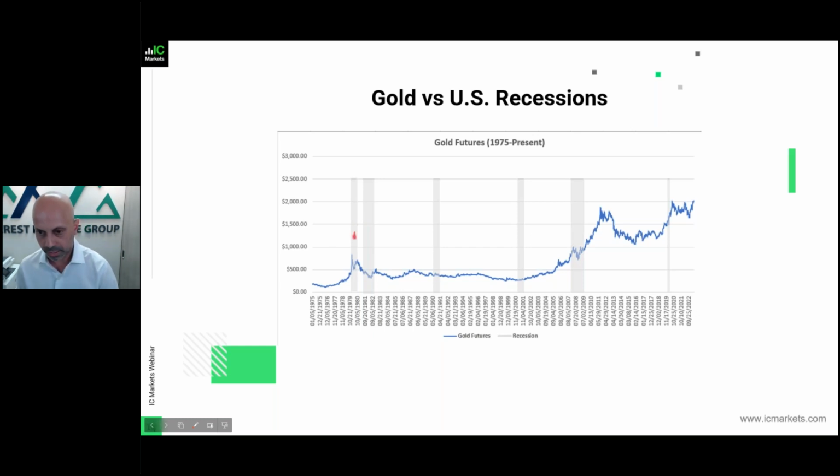So as we said, in the 1980 recession, gold actually started rising before the recession started. It peaked, it dropped to about $500 an ounce, and then as we were coming out of the recession, that's when it started to rise, before reversing and pulling back lower. And when the second recession started in 1981, 1982, gold didn't serve as a hedge at all, right?